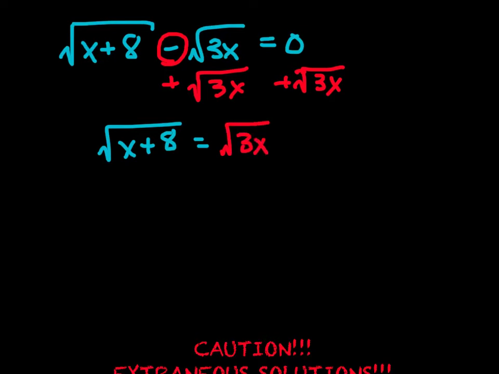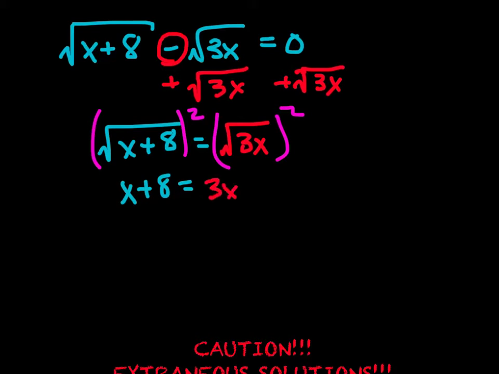So we have the square root of x plus 8 is equal to the square root of 3x after we do that, and then from there we can square both sides of our equation. So we end up simply with x plus 8 is equal to 3x.